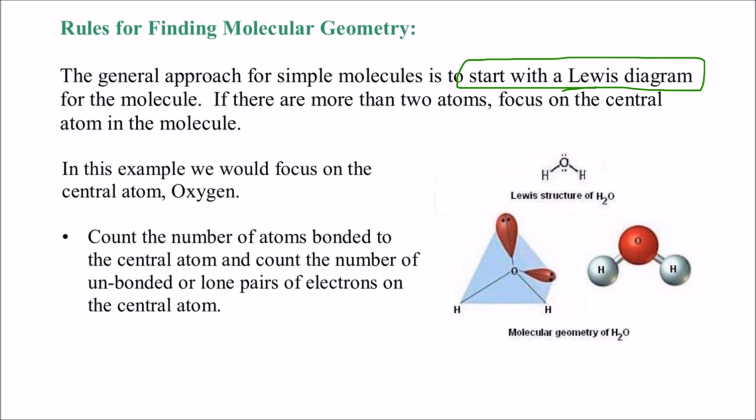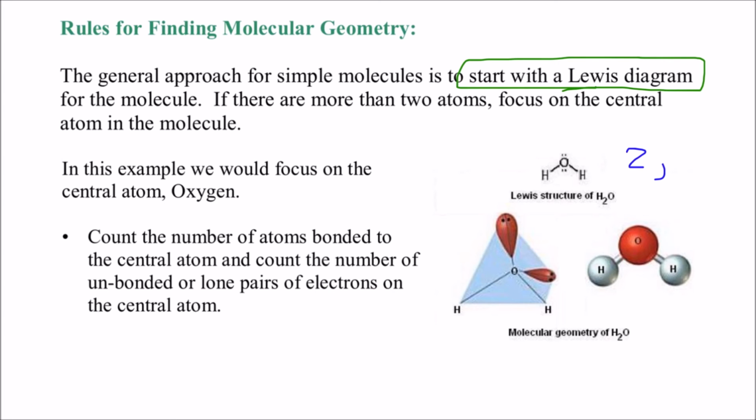You are going to count the number of atoms bonded to the central atom, and then count the number of unbonded or lone pair electrons on the center atom. And you're going to just jot those down. So for us, we have 2 atoms bonded to the center atom. So I'm going to write here 2, comma, and then it says count the number of unbonded electrons.